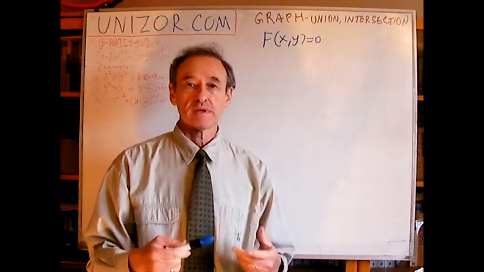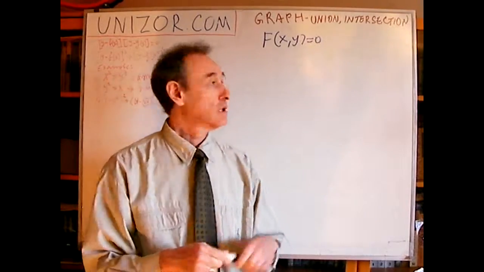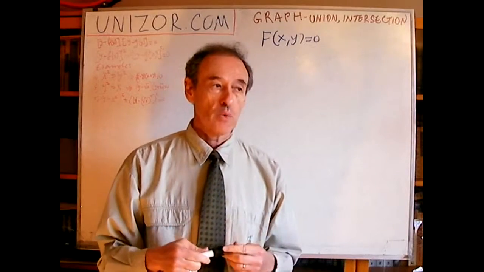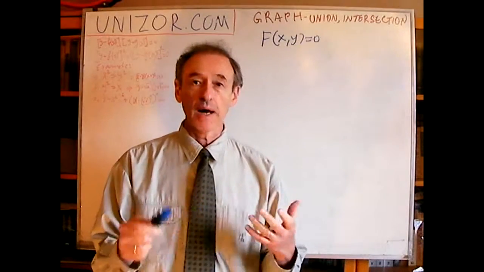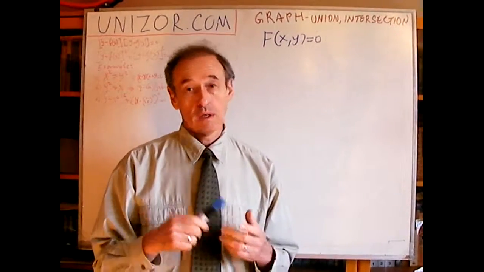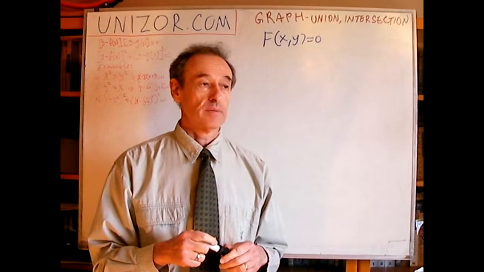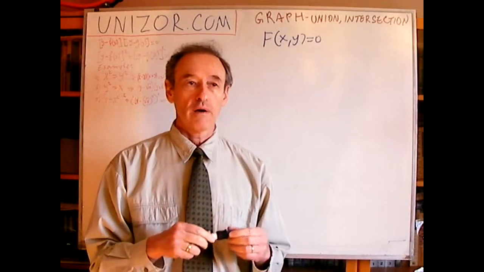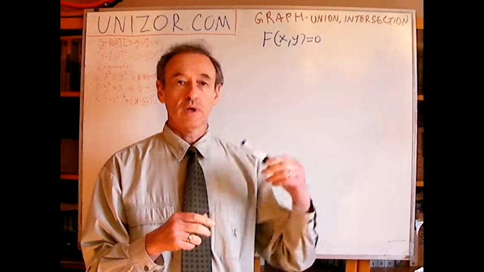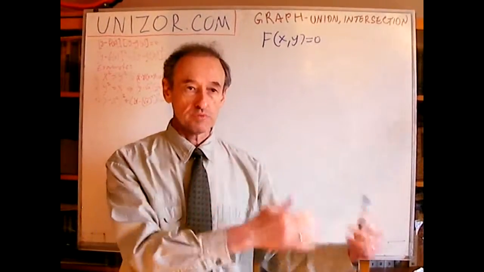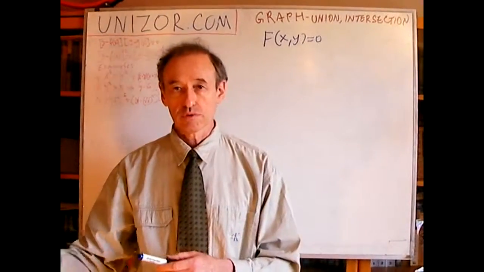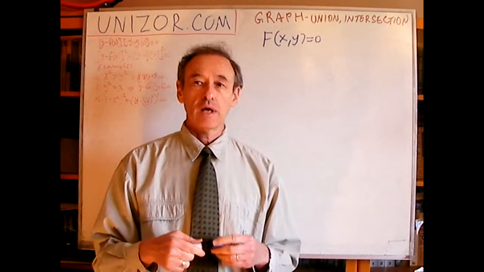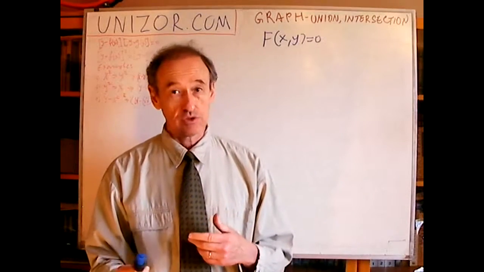How can you represent algebraically the equation which represents this combined graph? Or, alternatively, if you know that the points of your graph are actually an intersection of points which belong to one graph and points which belong to another graph, how do you algebraically express this intersection of two graphs?